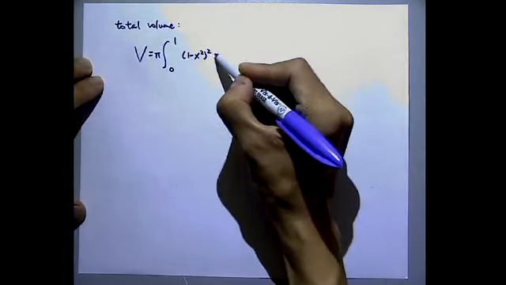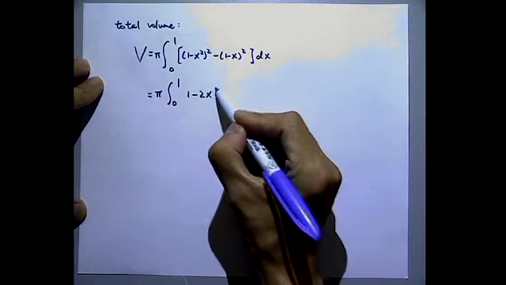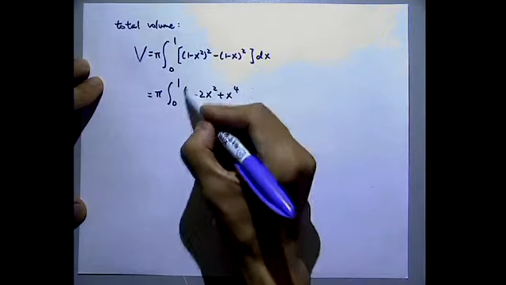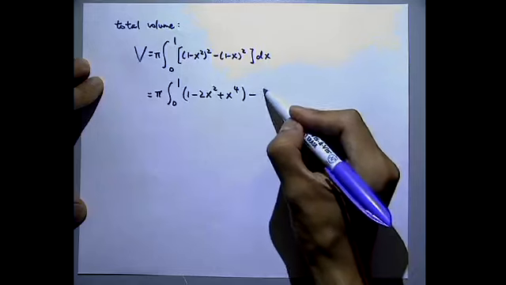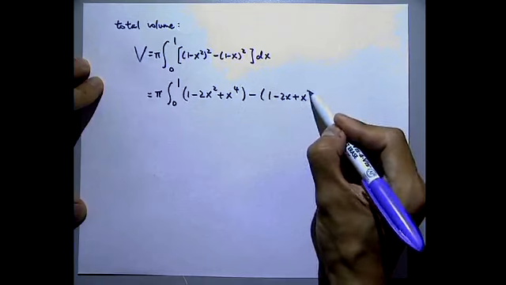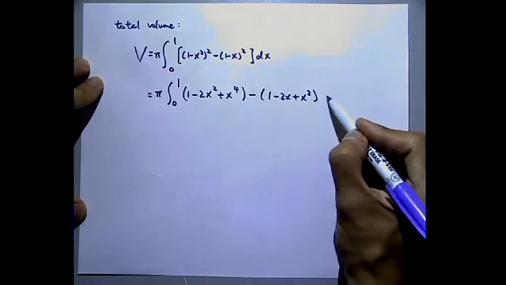So this is 1 minus 2x squared plus x to the 4th minus 1 minus 2x plus x squared dx, the whole thing.